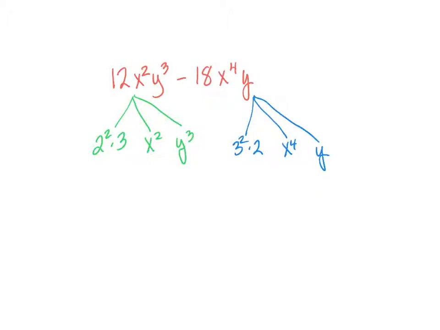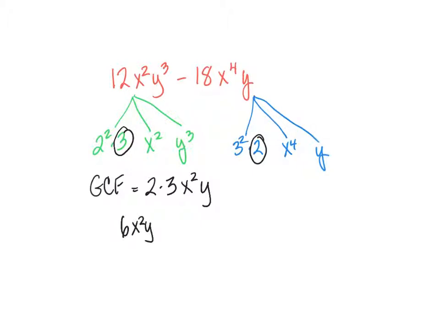Okay, so the rule is that to find the greatest, you take the least exponent of every factor. So is 2 a factor? Yes, but there's only 1 over here, so I'm going to take 2. Is 3 a factor? Yes, but there's only 1 over here, so I'm going to take 3. x squared, and then y. So 6x squared y is the GCF of these two terms.